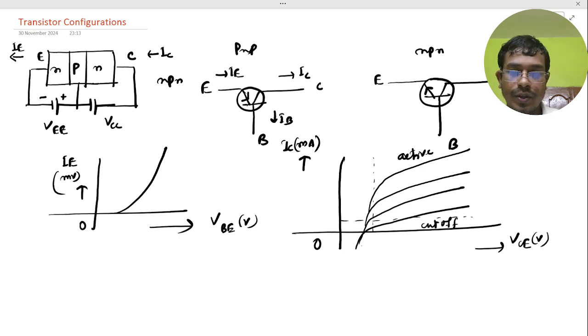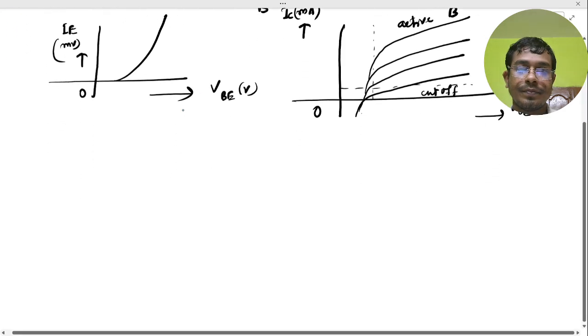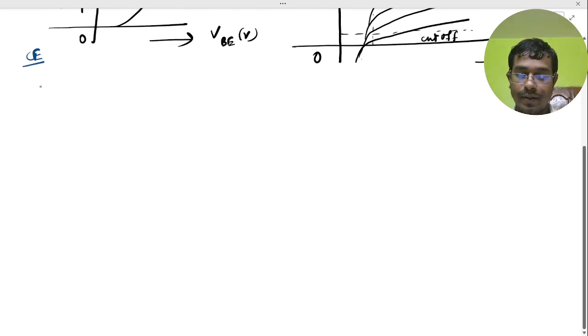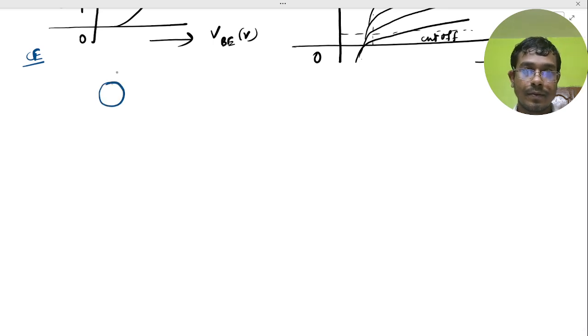Here we have some configurations. This one is for CB mode, and another one is the CE configuration. Here we have the base, the collector and the emitter, and the current flows from base to emitter for NPN.